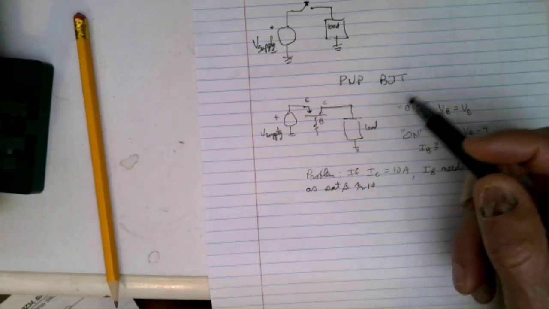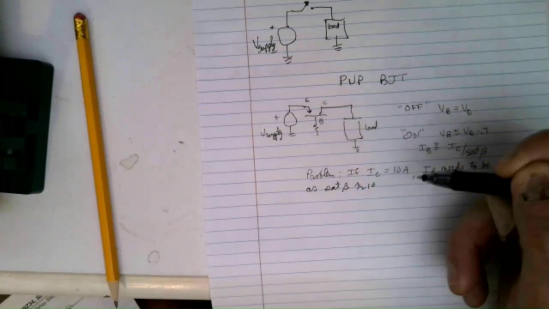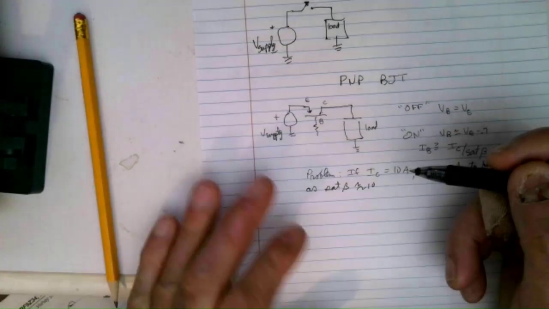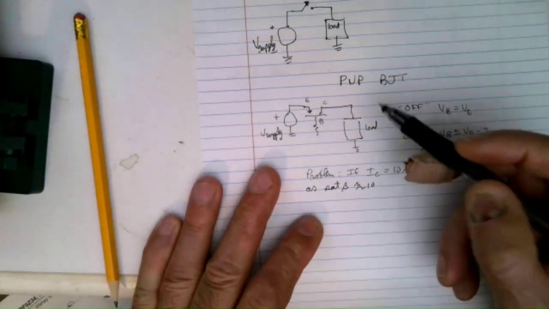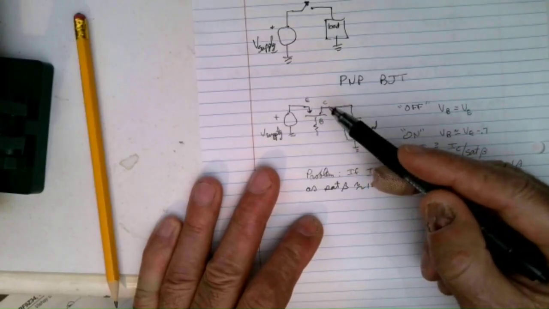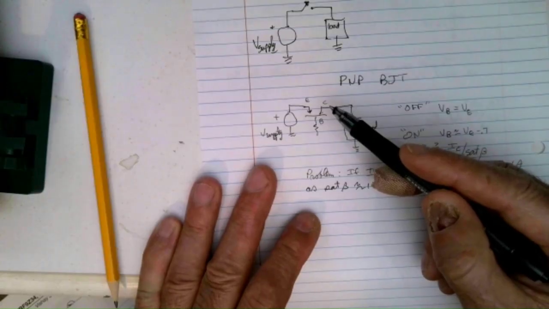But for larger currents, I think it's kind of unwieldy, having a whole amp of base current to be dealing with. Now, the possible good side of the BJT is VCE SAT is 0.3 volts.